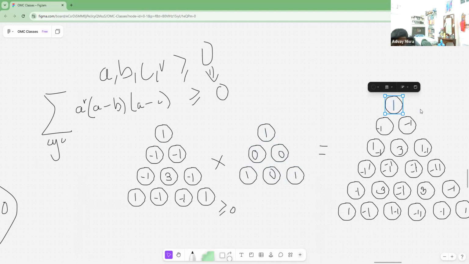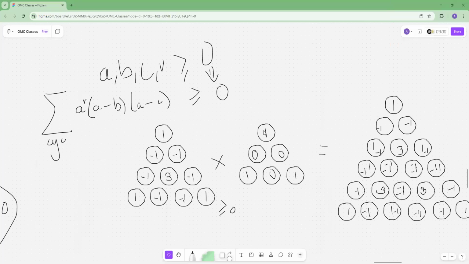In this case, we have 1. Then we aren't writing the zeros because in the end we will sum them up anyway. And 1 and 1. So you can see that these 3 ones correspond to this 1 multiplied by this.